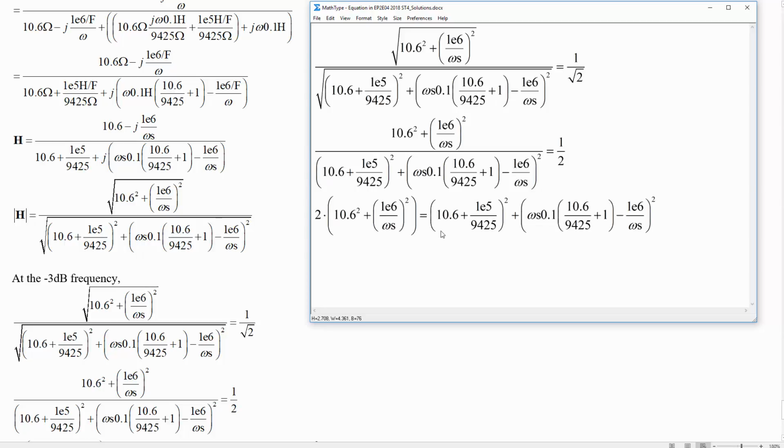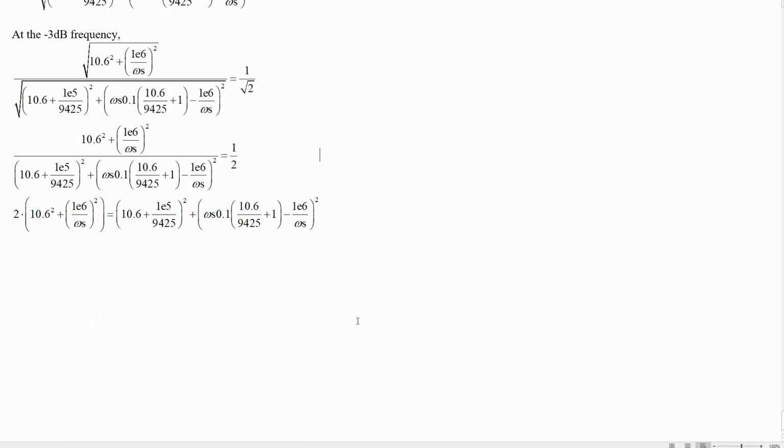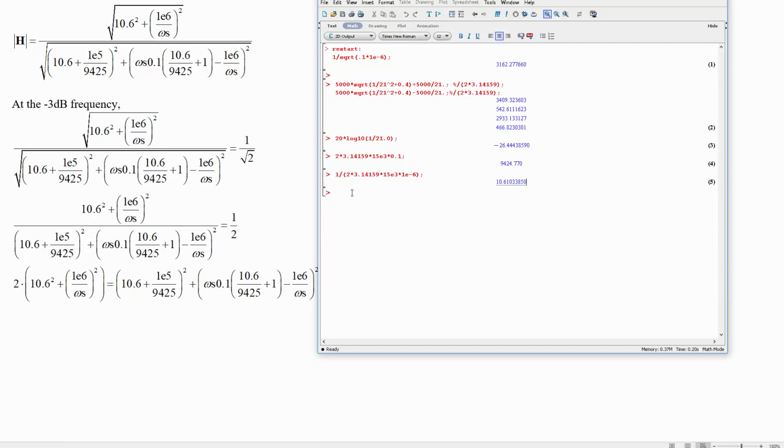Now, some terms are potentially canceling and some terms are going to be sticking around. So we expect that there's only going to be one solution for all of this that makes sense. Now's a good time to jump to the calculator and see what we end up with.